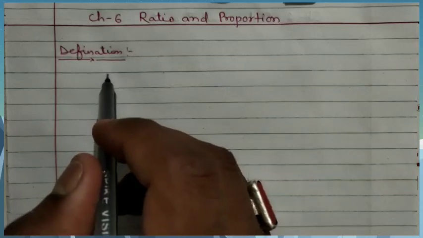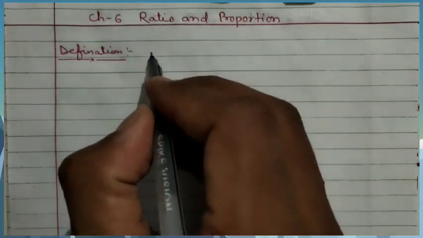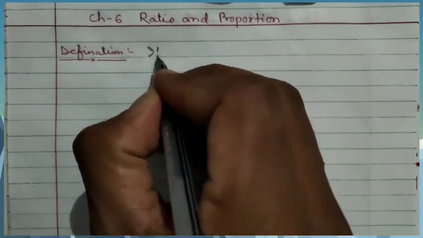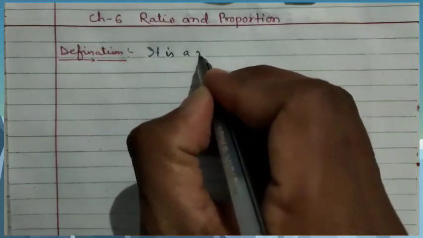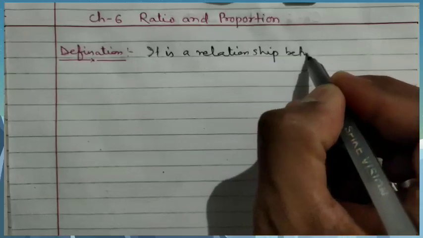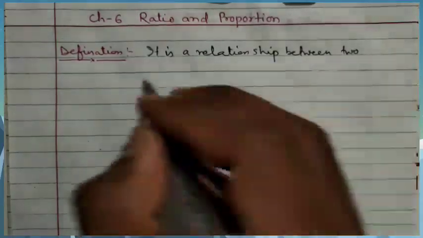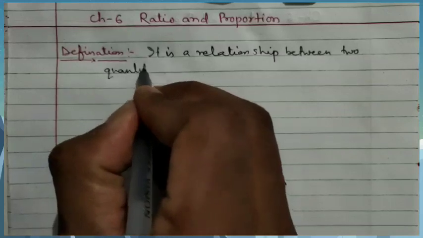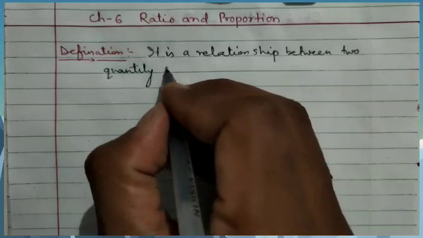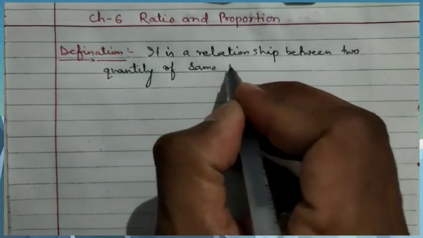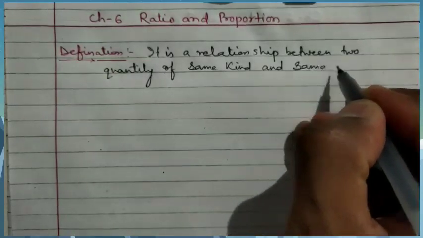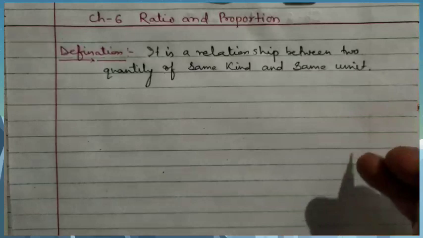As per the definition of ratio, it is a relationship between two quantities. Ratio is the relationship between two quantities of same kind and having same unit.